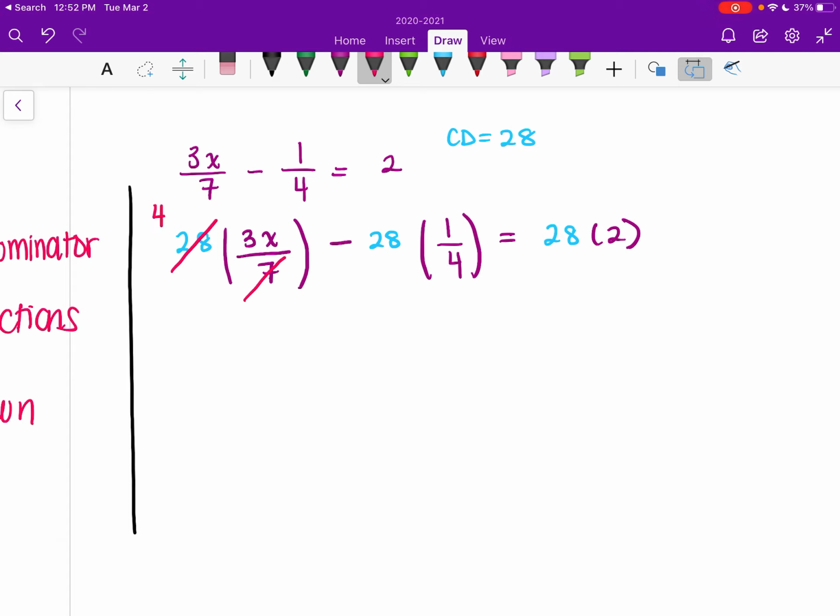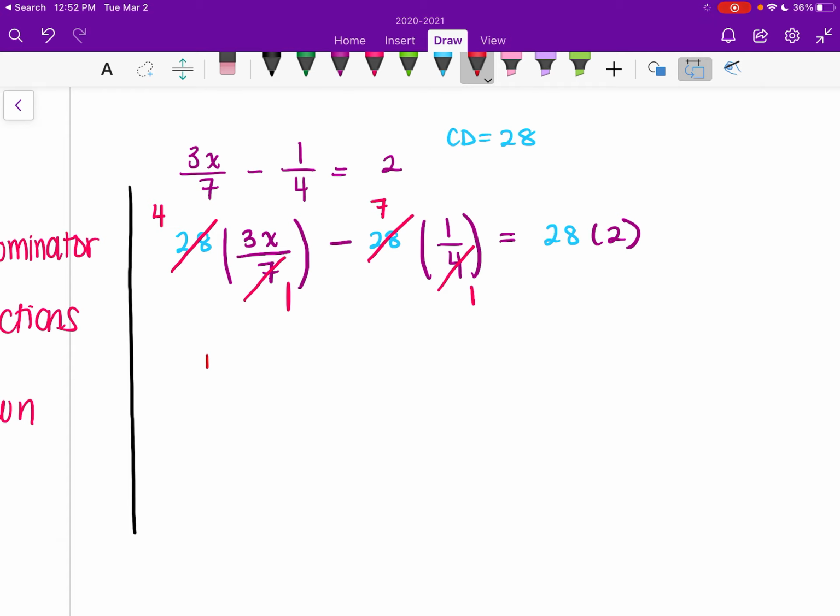And then 7 divided by 7 is just 1. So we'll leave that. 28 divided by 4, right, is going to give us 7 and then 4. This is just the butterfly method, which is why I had told you originally to learn that method, because it's really, really helpful when we're going through stuff like this in class. Okay? And then, last but not least, you just have 28 times 2, right? So let's go and do this.